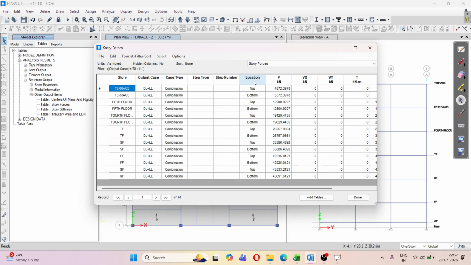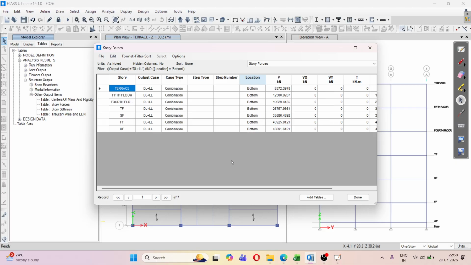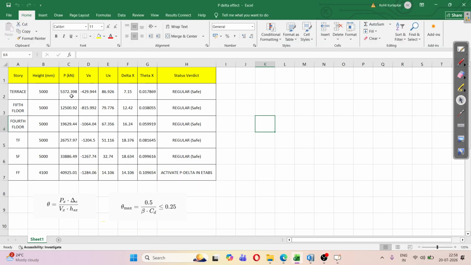Here, consider bottom, and here you will get the P values. You just need to copy these values and paste them here. So this is your P column ready.